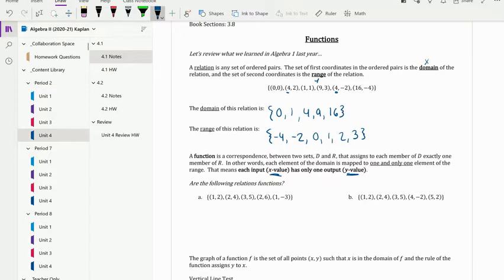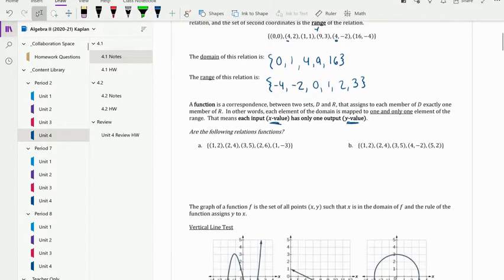So we want to take a look at these and determine, are they functions? We've got the ordered pairs 1, 2, 2, 4, 3, 5, 2, 6, and 1, -3. And what you want to look for are repeated inputs, repeated x values. So I actually see 2 here. I've got 2 1s and 2 2s. So you really only need one of these to have this not work the way you want.